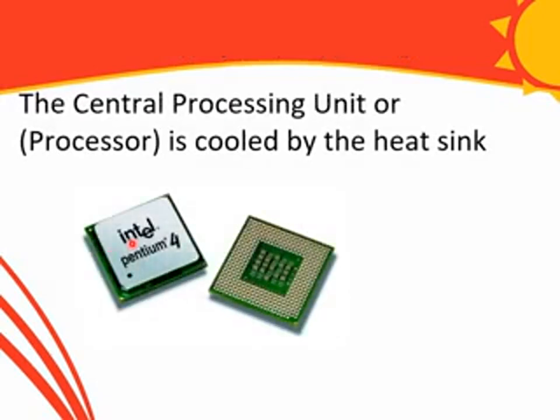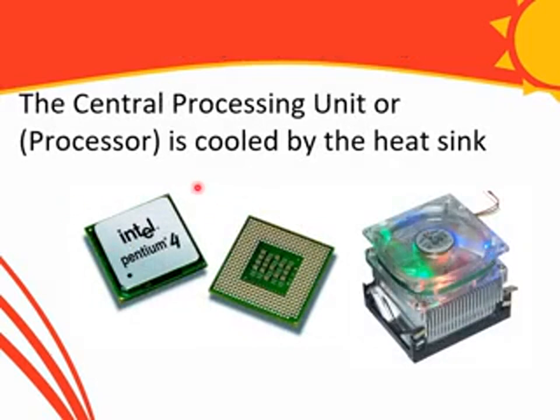Now the CPU works very hard and it gets very hot. Once it's hot, it gets cooled by what we call the CPU heat sink. What we see here is the heat sink with the fan.